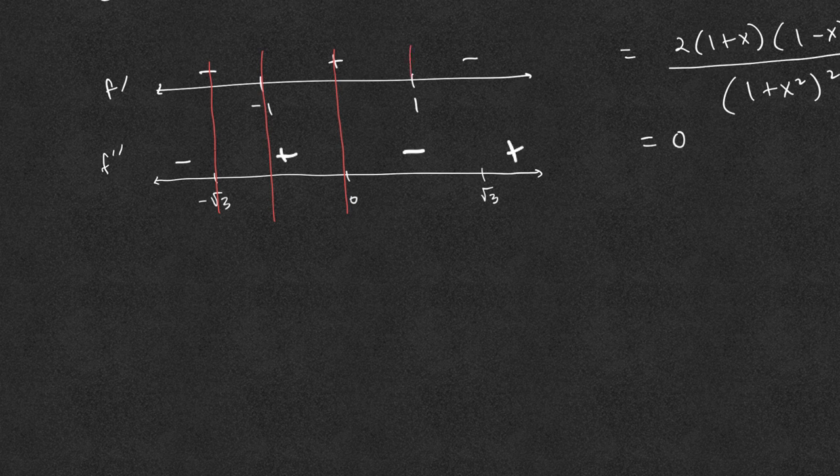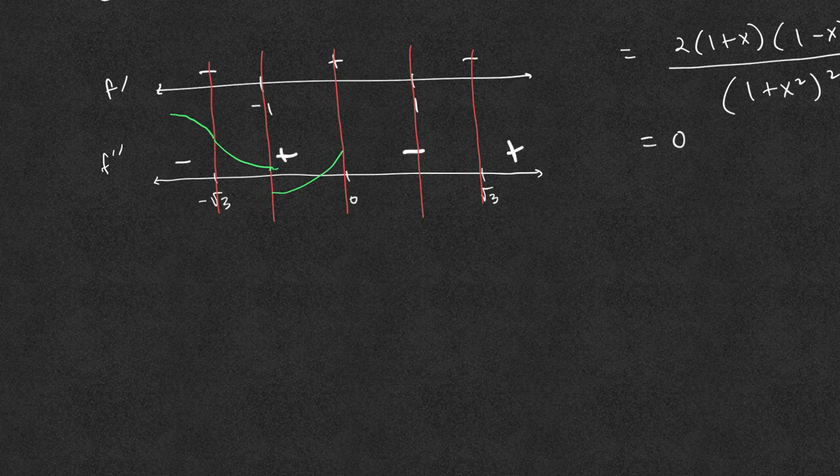From negative infinity to negative root 3, we see that the graph of the function f is decreasing and concave down. From negative root 3 to negative 1, it is decreasing but concave up. From negative 1 to 0, it is increasing and concave up.